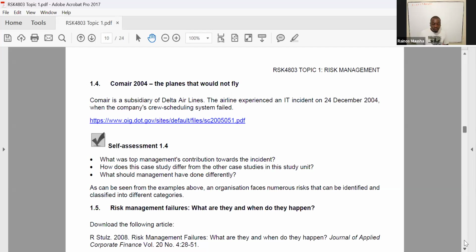So the question is now going to be: from what you've seen or gone through in the case study, would it be a fair assessment to say, in that case, that risk management did fail?